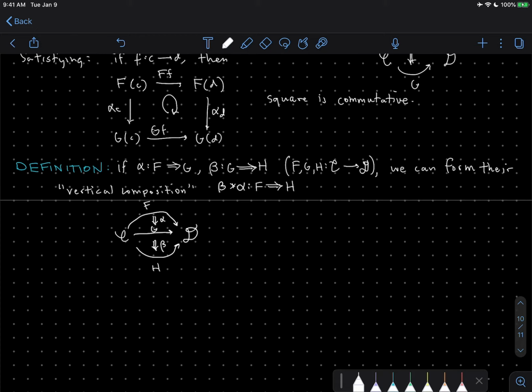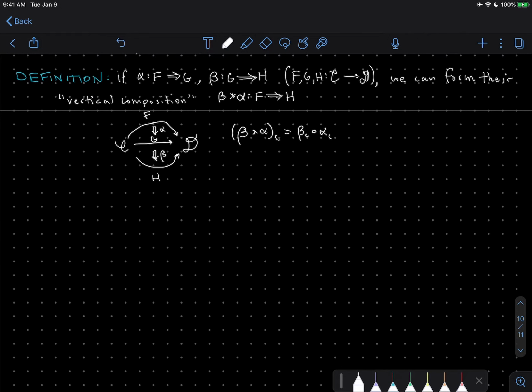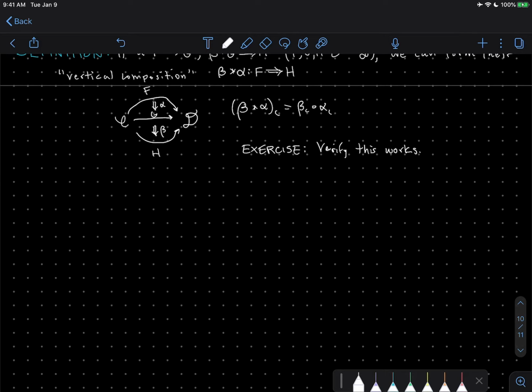Well, the component at C of beta star alpha is going to be equal to the composite, the component at C of beta, the component at C of alpha. An exercise is to verify that this works, that this actually gives a natural transformation.